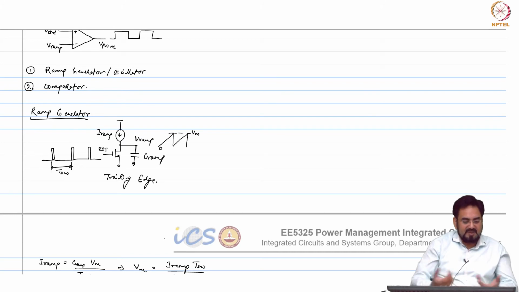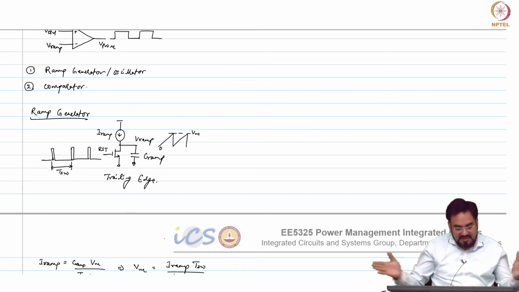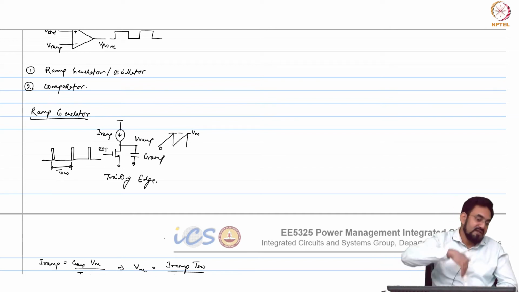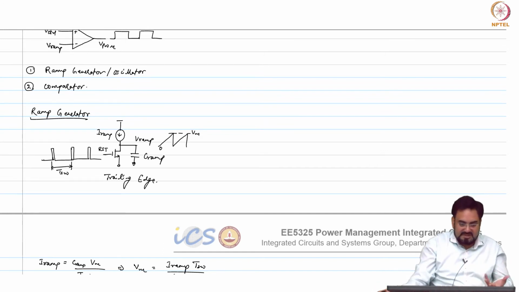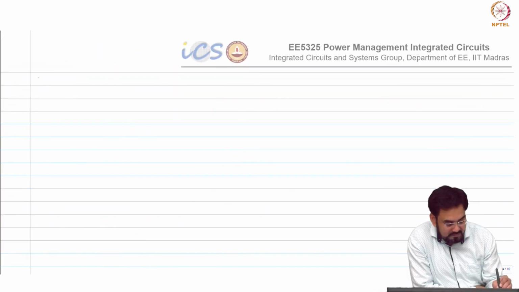So the output stage of your amplifier will always be in saturation. So that is one way, but if you are operating at the entire range of duty cycle, then you have to shift the common mode, you do not have any other options. So you have to decide based on what your specifications are.